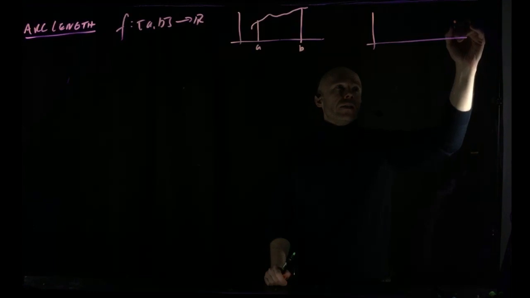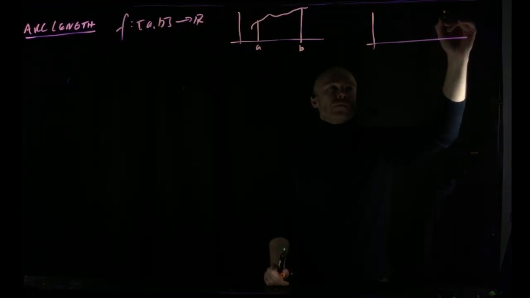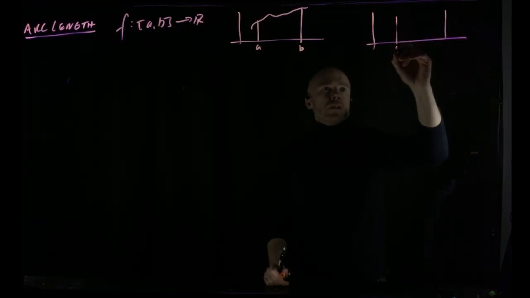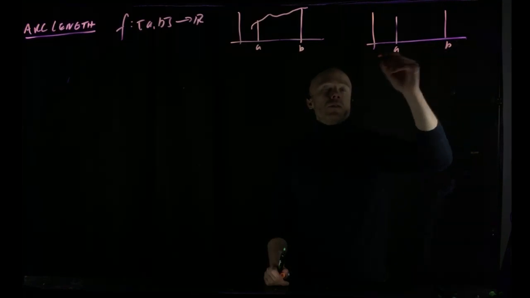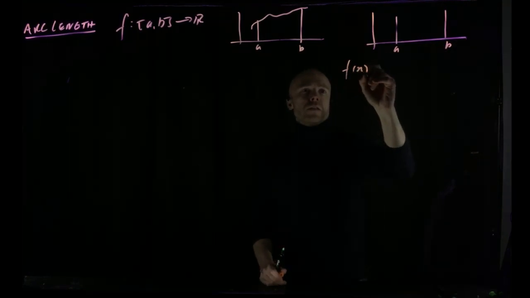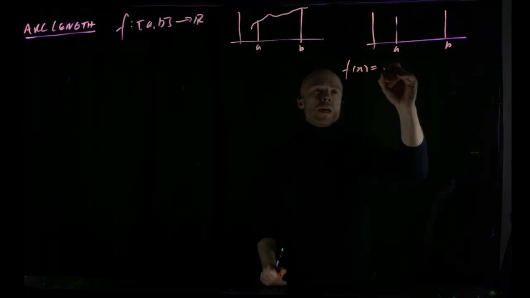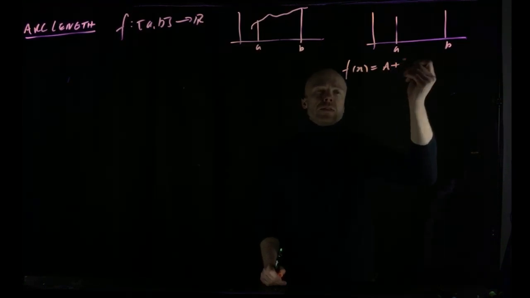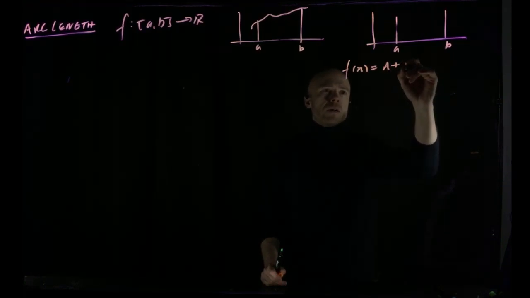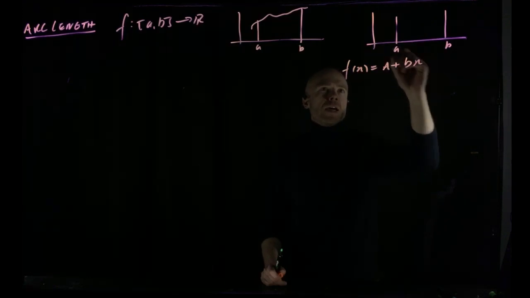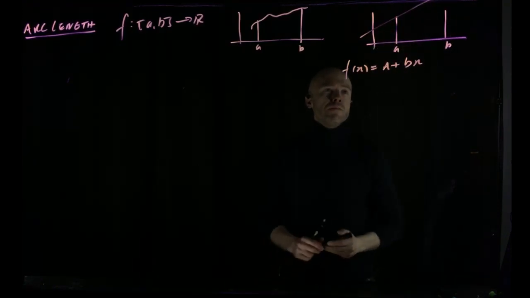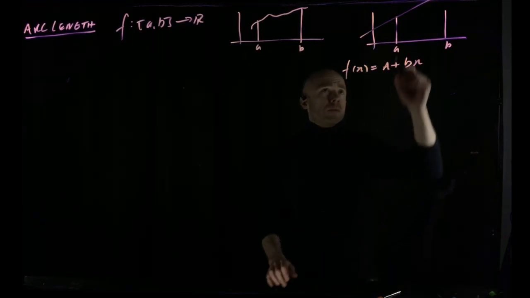So if we just had a function from a to b, which was, say, f of x equals any constant you like, say constant a, plus some kind of slope, like let's say c x, so it goes like this, right? Then this wouldn't be hard, because what would we do?